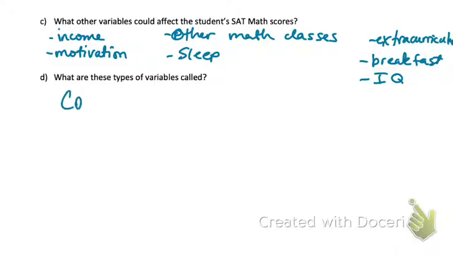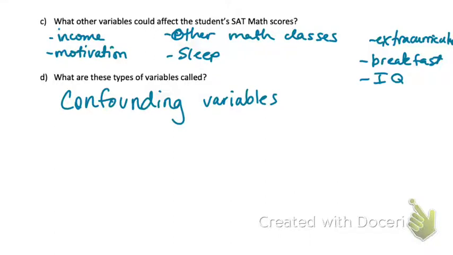They are called confounding variables. Everybody say the word confounding. Confounding. That is probably a word you have never said before in your life, okay? Confounding variables. It's kind of like variables that are confusing the results. They are confounding the results, okay?